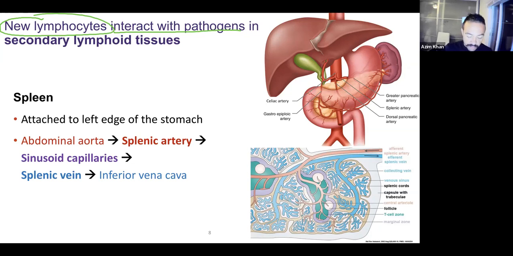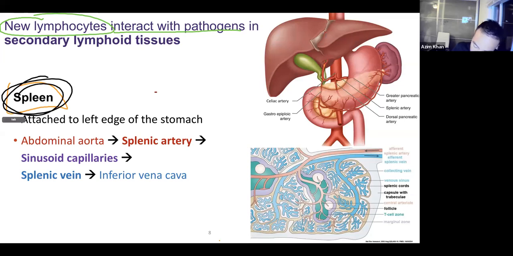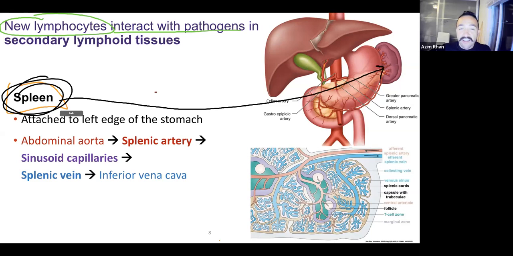The first secondary lymphoid tissue we're talking about here is the spleen. The spleen is sitting to the left, upper, superior portion of your stomach.